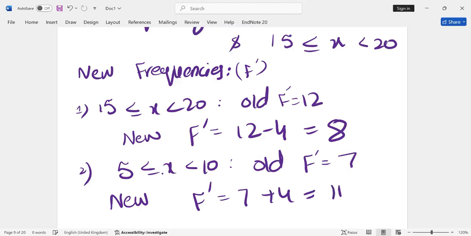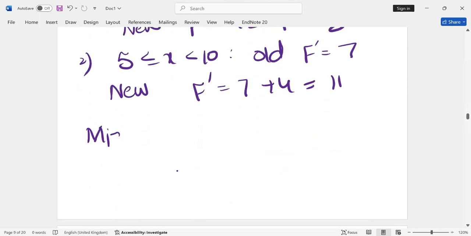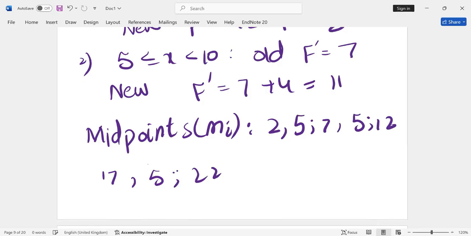Okay, the midpoints, we have mi, that is equals to 2.5, 7.5, 12.5, 17.5, 22.5, 27.5.